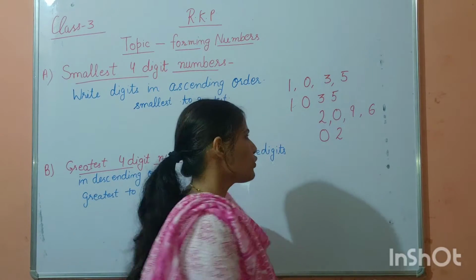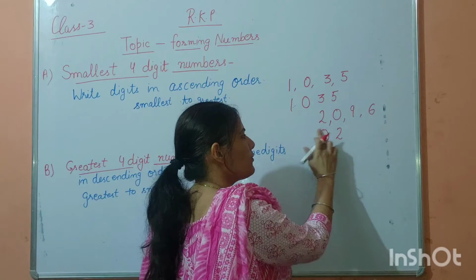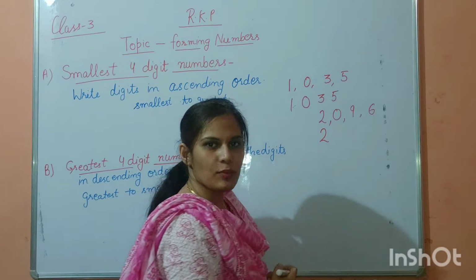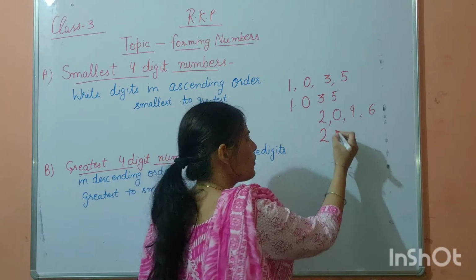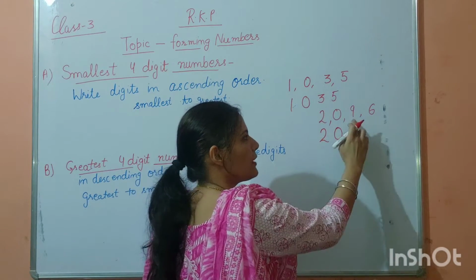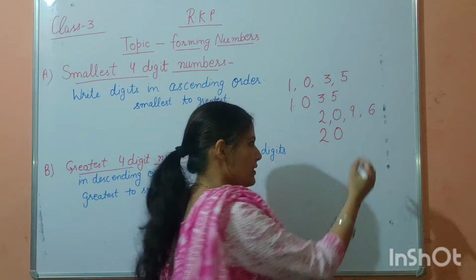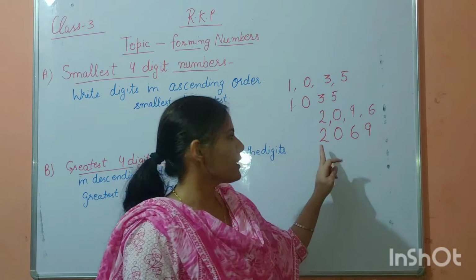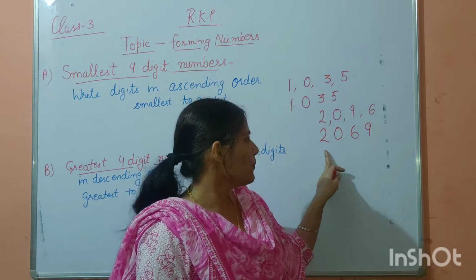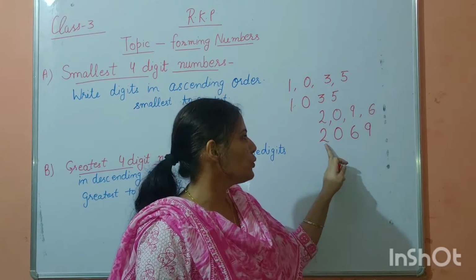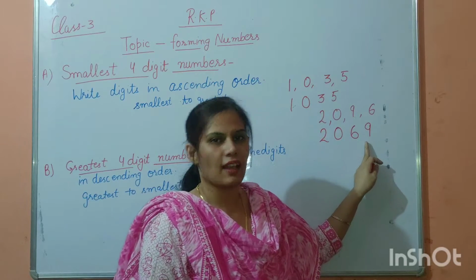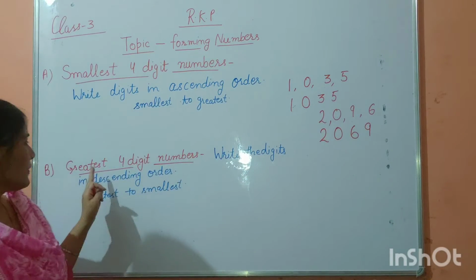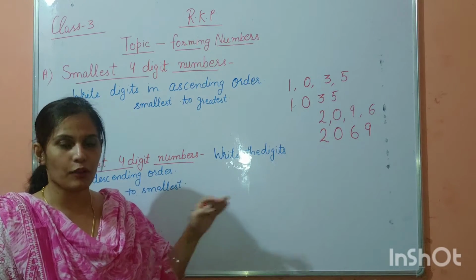Okay students? So what number will come first? 2. After that, again the smallest number is 0. Then 0. After that, between 9 and 6, 6 is the smallest, and then 9. Then what is your smallest 4-digit number by using these numbers? 2069. Okay students?